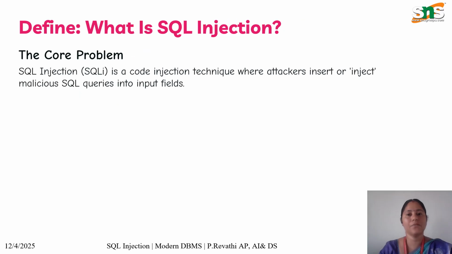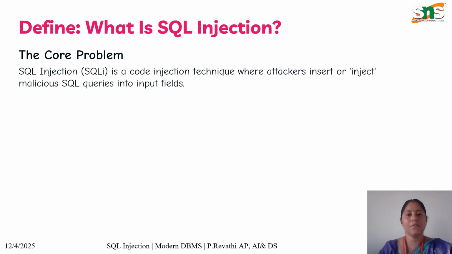So now let's define the concept clearly. SQL injection is a technique where attackers insert harmful SQL commands into input fields or URLs. If the system doesn't validate the input, the attacker's command gets executed by the database. Let's take a simple example. Suppose the application uses this query: SELECT * FROM users WHERE ID = user input.